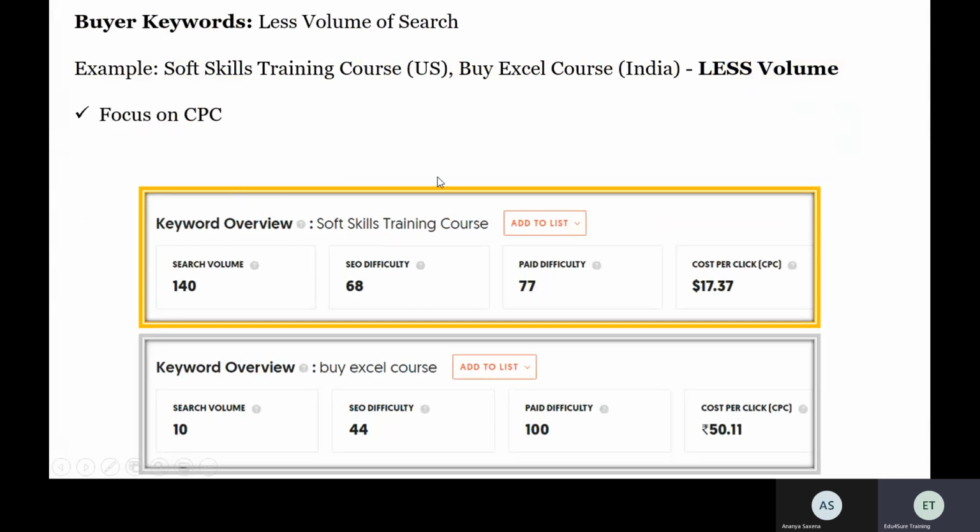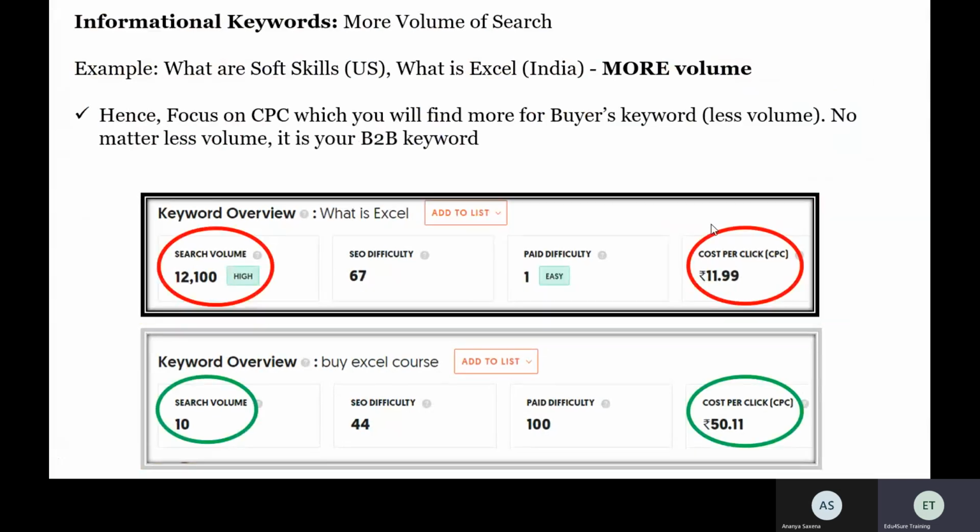Like in this case, soft skills training course has $17 per click, and buy Excel course has 50 rupees per click in the Indian market, and the previous one was taken from the US market. So this we had discussed.